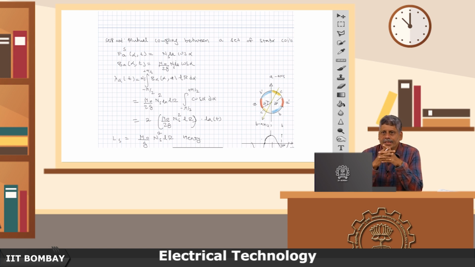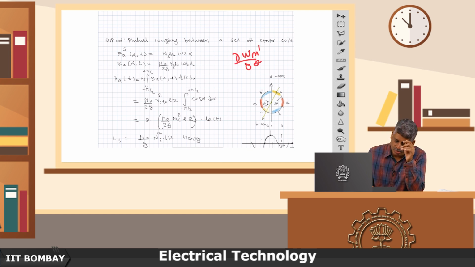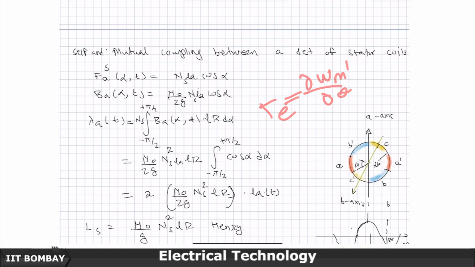Once we have calculated the co-energy, we will take the derivative of this with respect to theta, and we will generate the electromechanical torque which is being created. To do all that, we need lambda in terms of I.